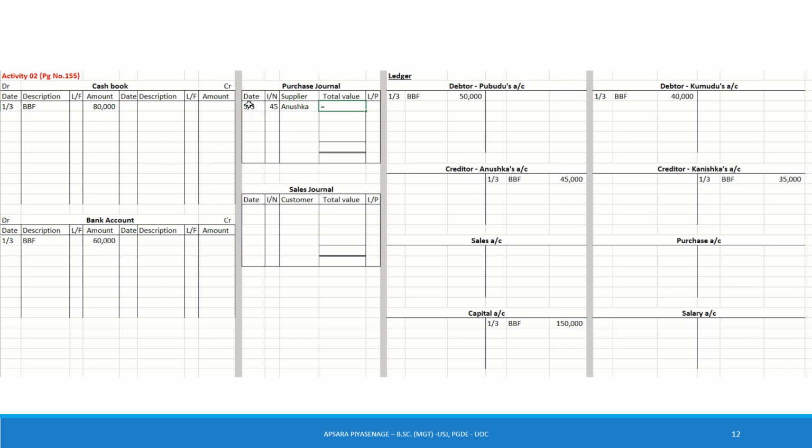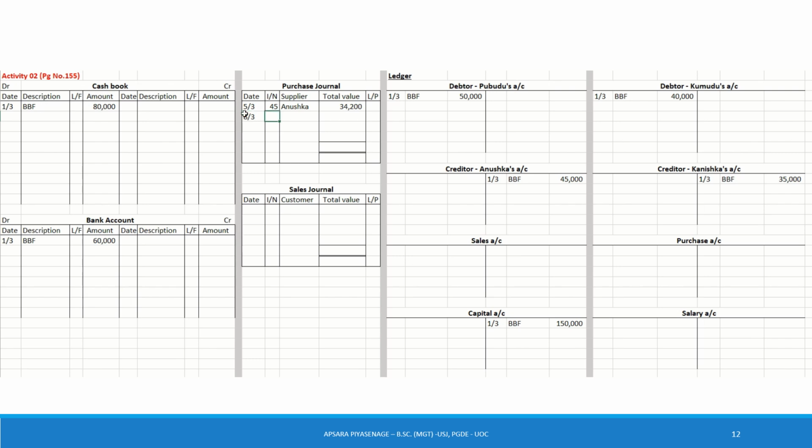Under other information, they have given trade discount deducted 10%. So we have to deduct 10% from the 38,000. 38,000 minus 10%, that is 34,200.